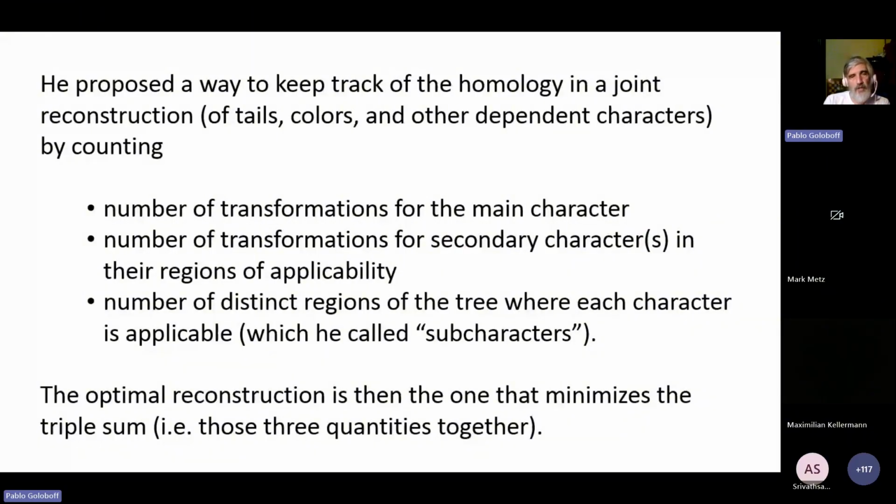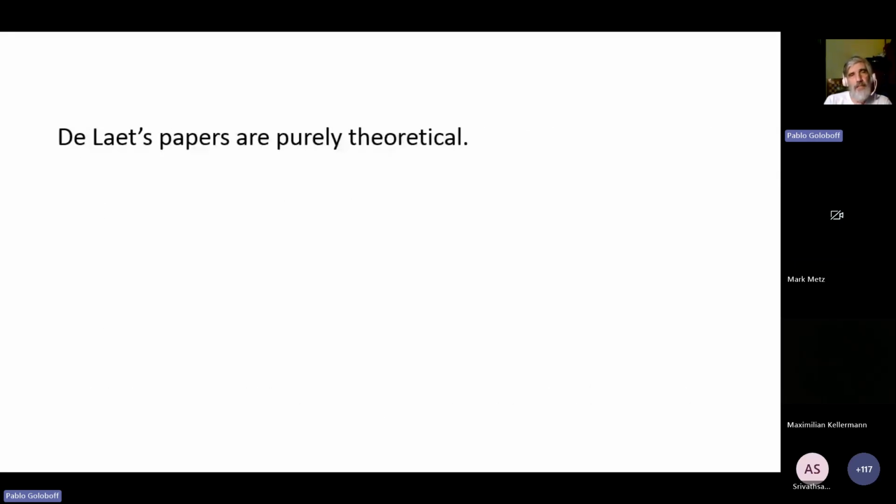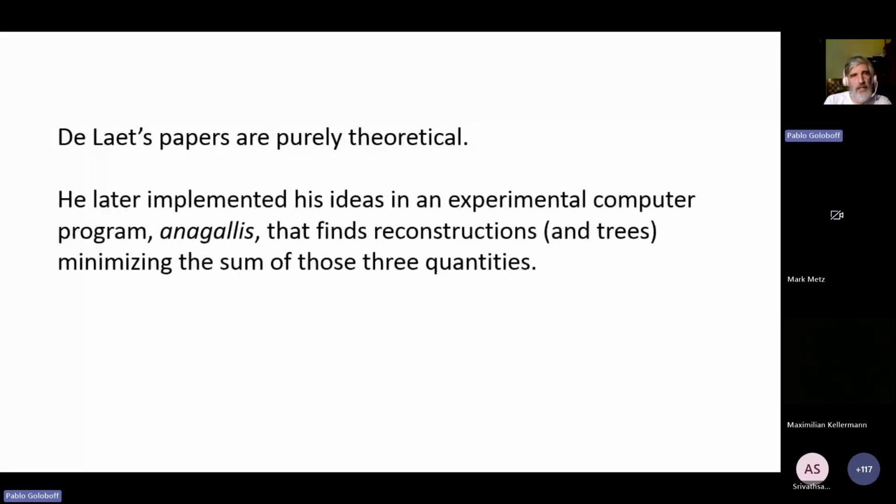The optimal reconstruction, that is the reconstruction that maximizes homology, is the one that minimizes this triple sum, those three quantities together. Now, Delaet's papers are purely theoretical, and he later implemented his ideas in an experimental computer program called Anagalis. That program finds reconstructions and trees that minimize the sum of those three quantities.